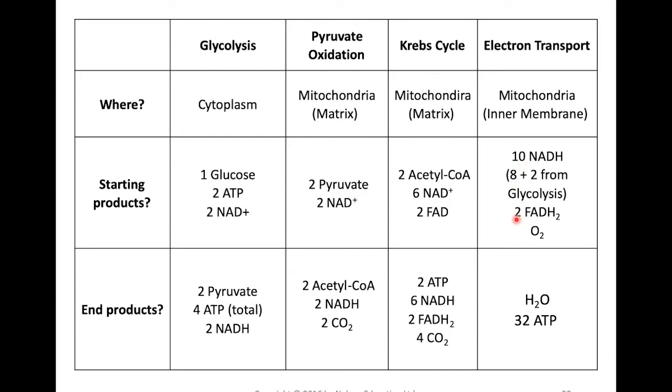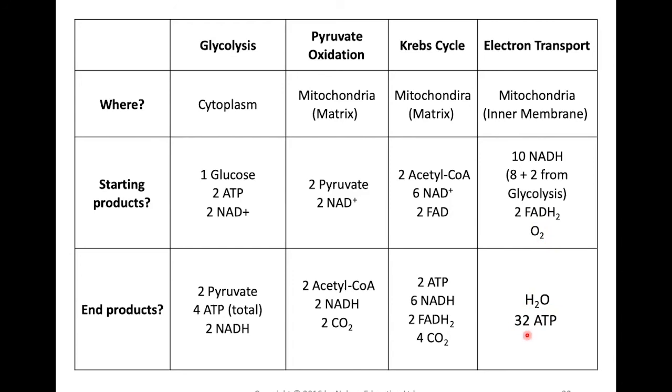We also have 2 FADH2 as well as the oxygen needed to be able to produce the water as the end product, and as well as the oxygen that is capable of receiving those electrons at the very end of the electron transport chain and producing water. All right, so that gives us our end products of water as well as the 32 ATP.